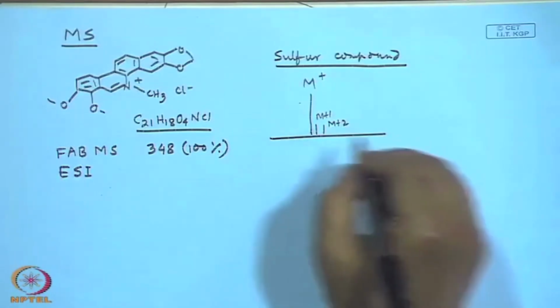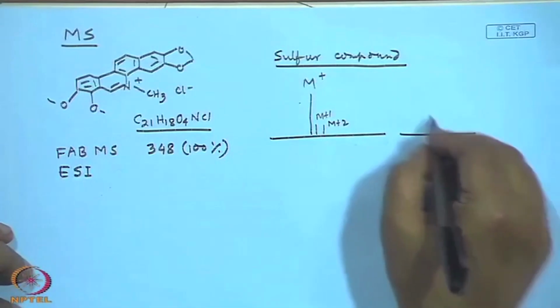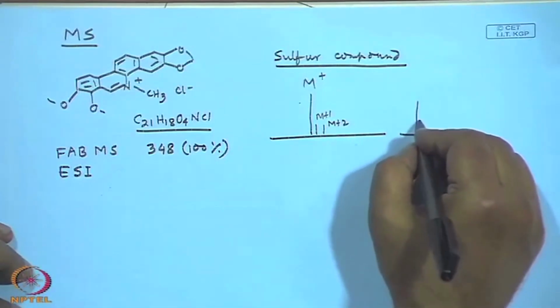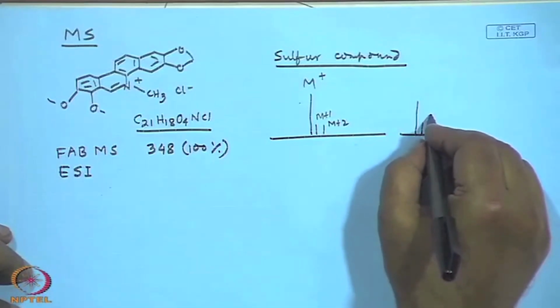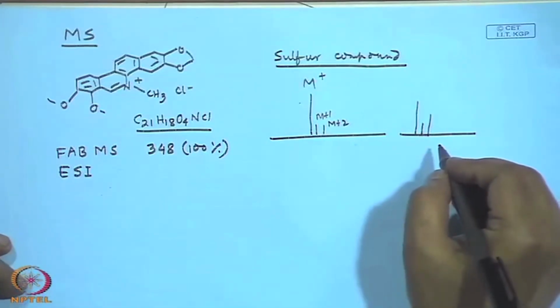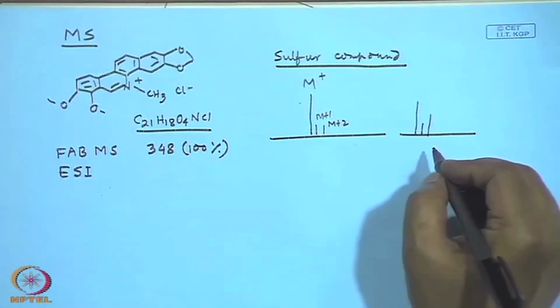But in case of sulfur, if you are careful, what you will find is M, then M plus 1, and then M plus 2 is a little longer. These are all minute things, but this gives you a nice indication.